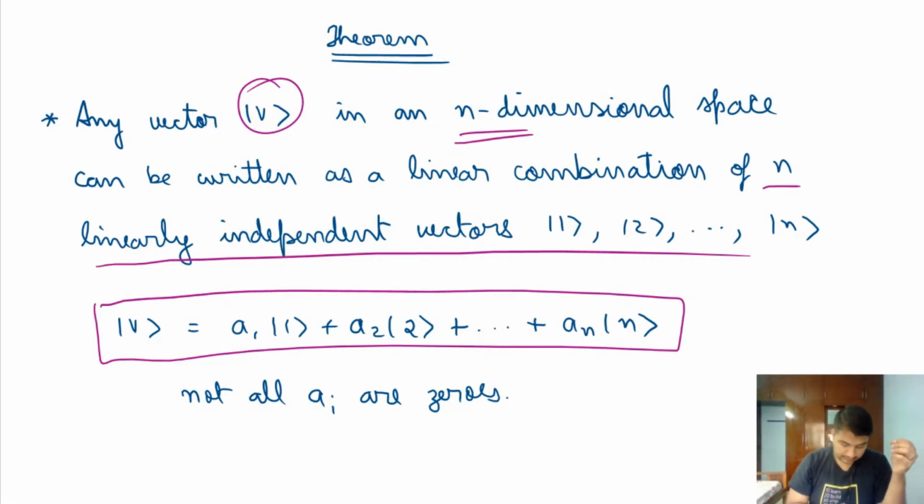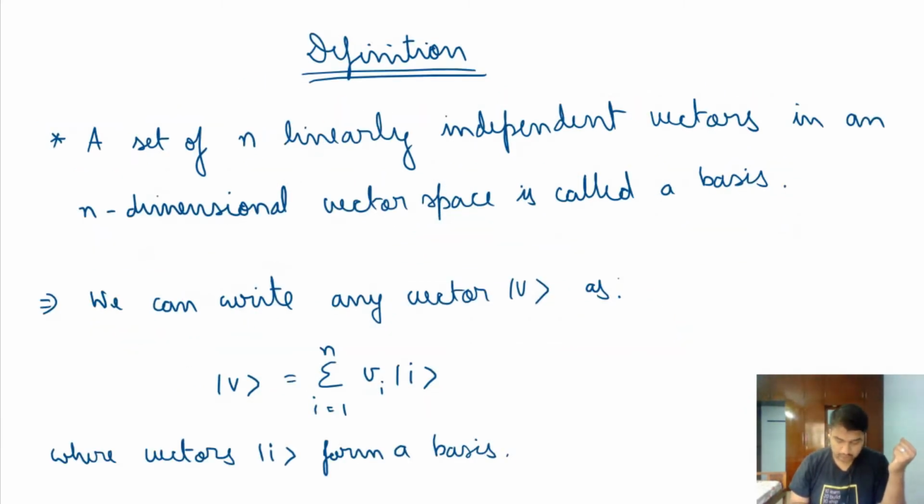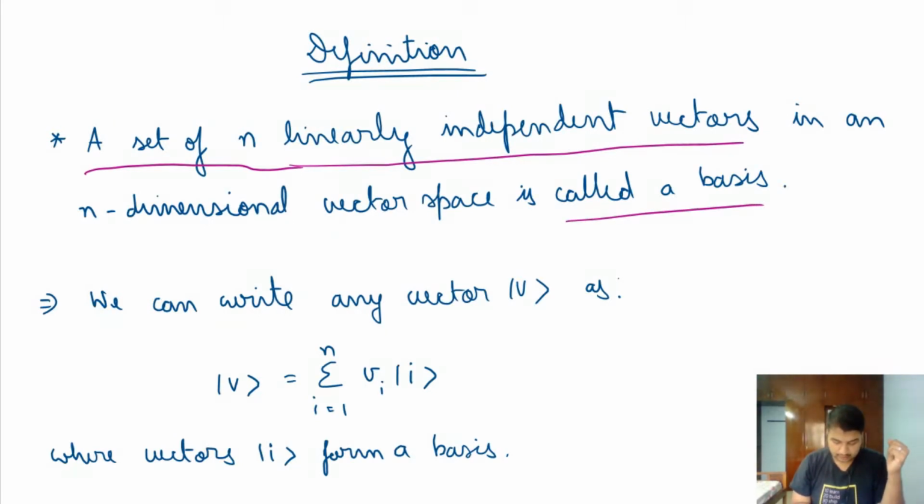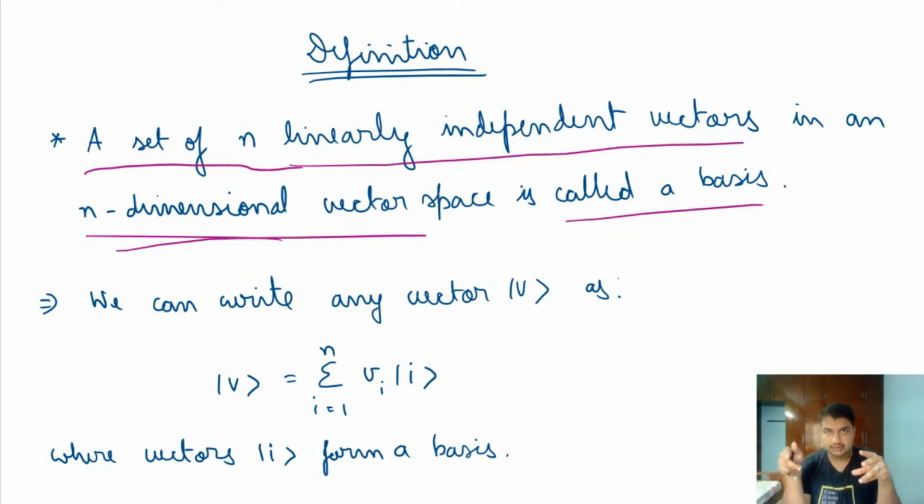So now we are ready to define what we mean by basis of a vector space. If you have an n-dimensional vector space, then any set of n linearly independent vectors will be called the basis. Since we have n linearly independent vectors, the previous theorem allows us to write any vector as a linear combination of these n linearly independent vectors.